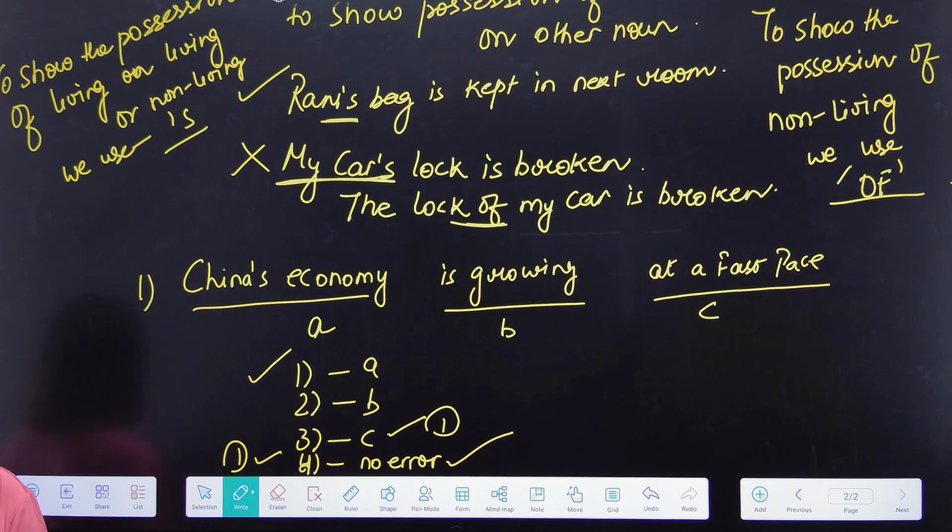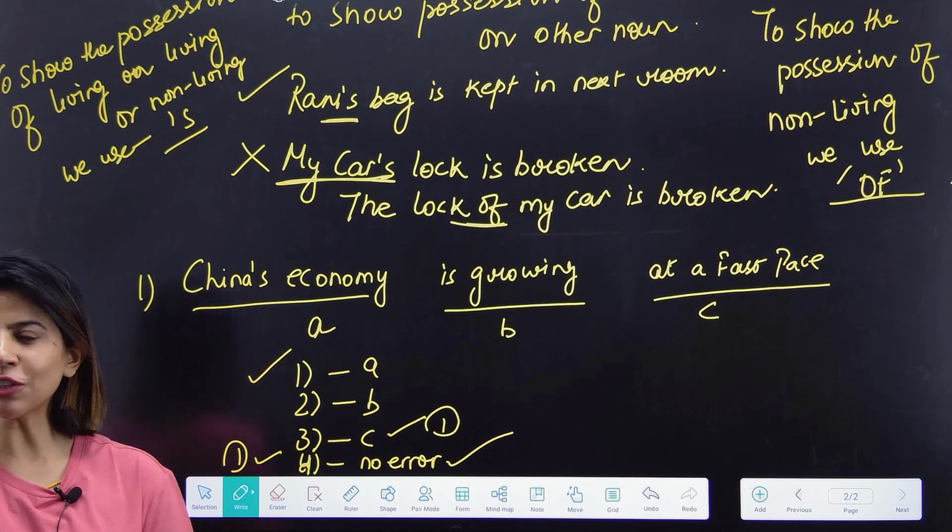China is a non-living thing, but अगर हम नॉन लिविंग का क्राइटेरिया लेते हैं तो यहाँ पे तो होना चाहिए इकोनॉमी ऑफ चाइना. तो एरर, as she said, error. Who constitutes the economy?